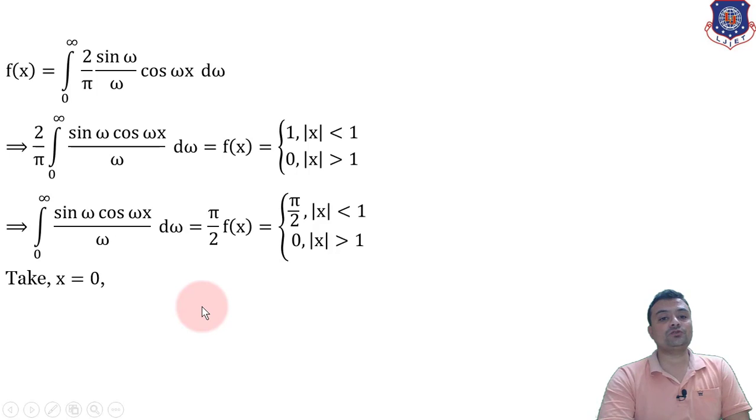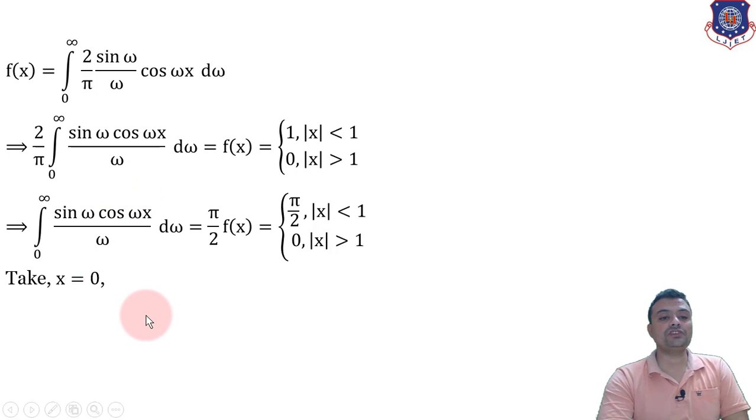Omega is a fixed quantity which we cannot change. The only variable which is in our control is variable x. So what I'll do is check for which x this quantity cos omega x will reduce into 1, and that is x equals 0.